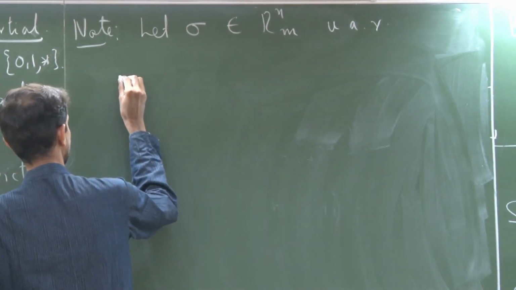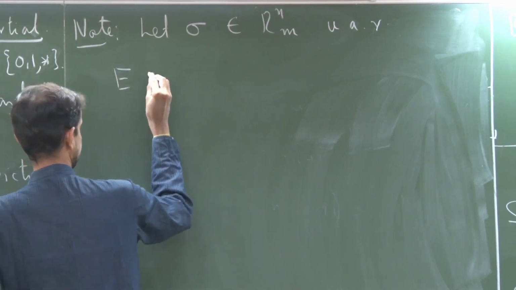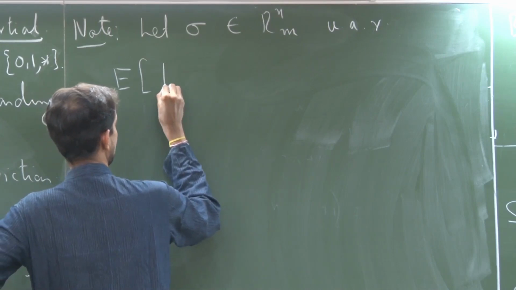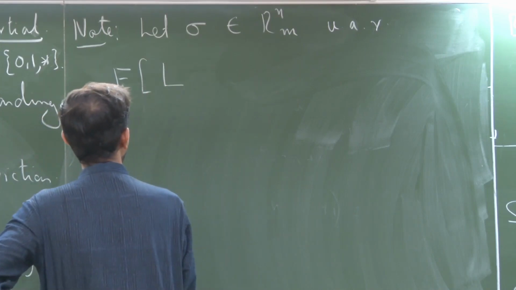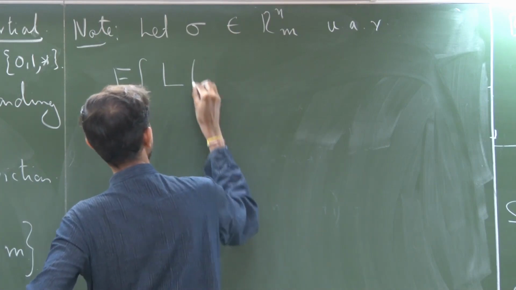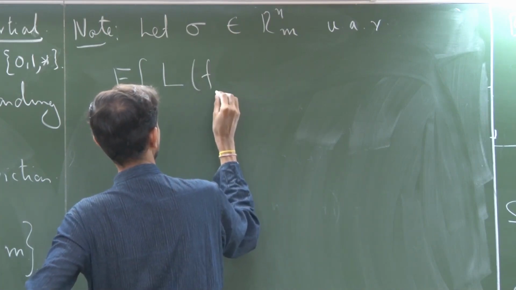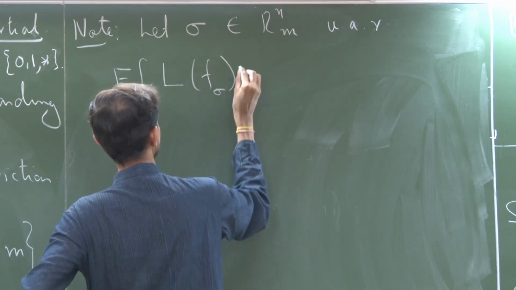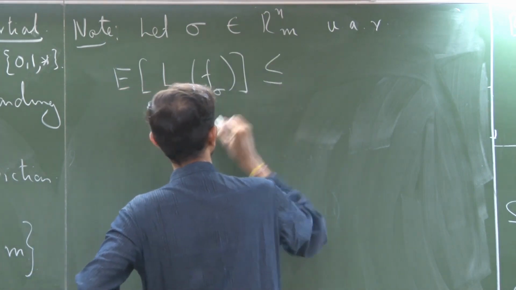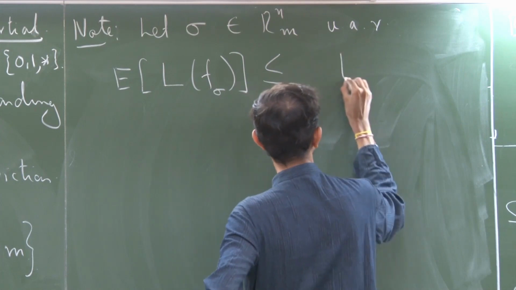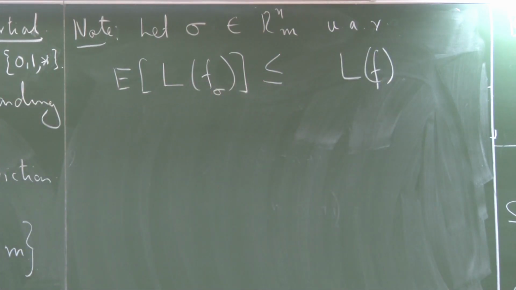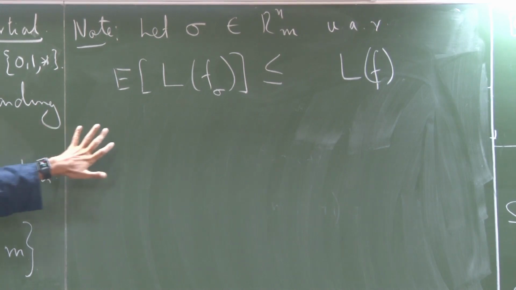What can we say about the expected size of L of F restricted to sigma in terms of the size of F? Let us try to understand the meaning of this.